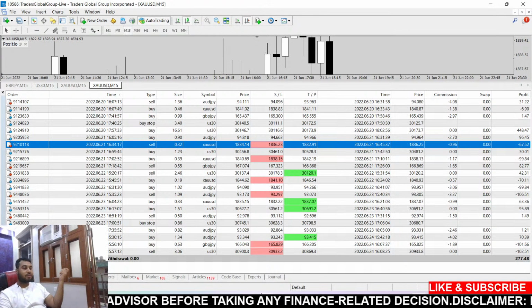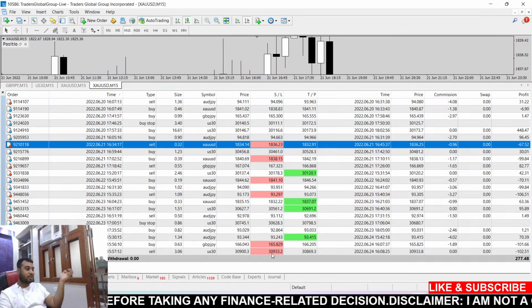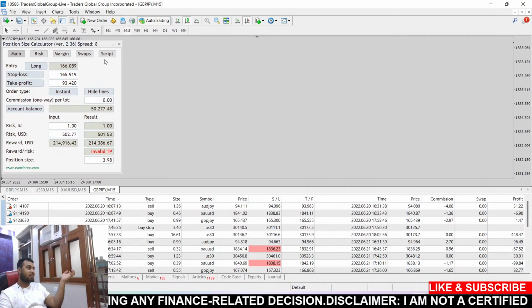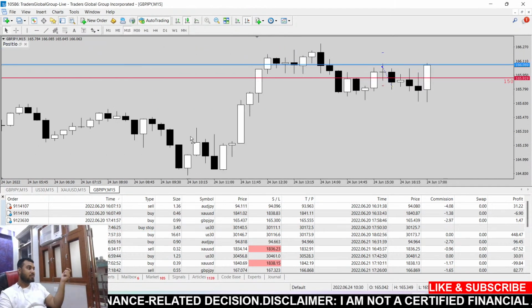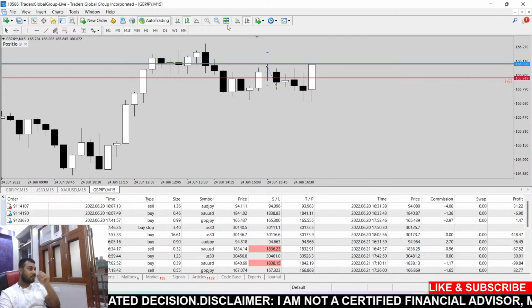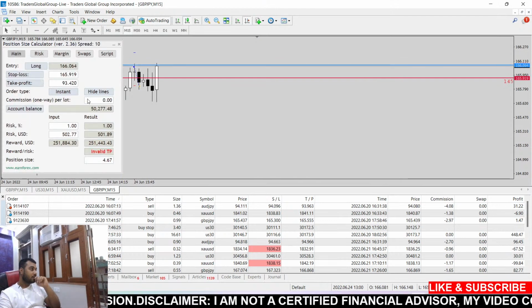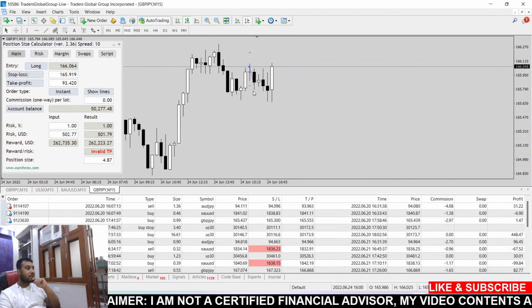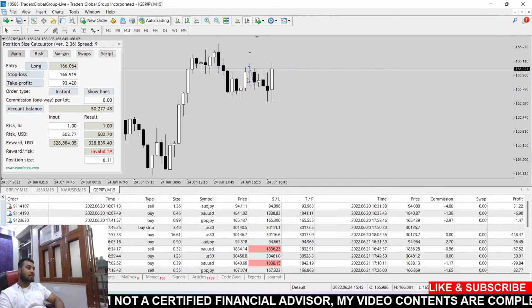These two losses were like, okay, I cannot do anything. If you look at today's GJ trade, it came down quite sharply.